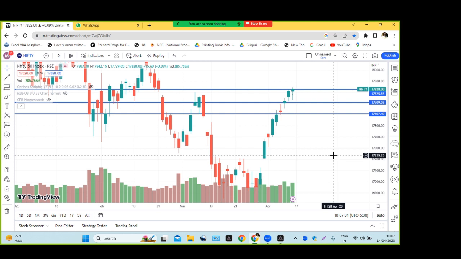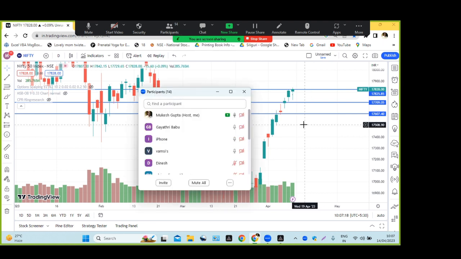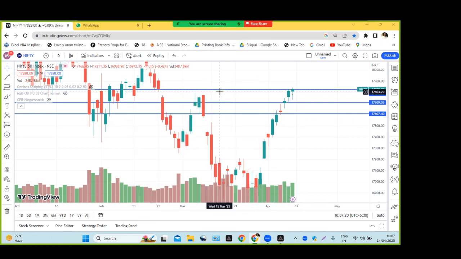So for that we have to understand each candle. I only said two things: you have to understand each candle, and the place where it is appearing. What is the history of that candle? You have to go through that, and then you will be able to understand.